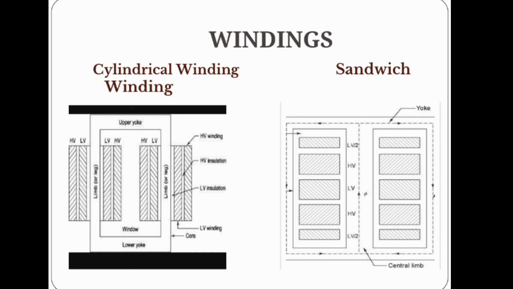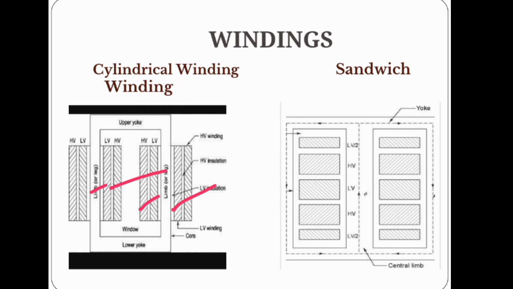In the core type transformer, each winding is divided into two equal parts, as shown in this figure, and those parts are placed on two separate limbs.